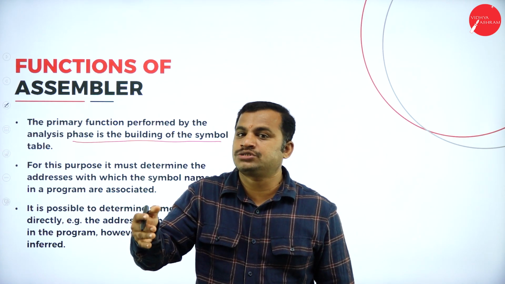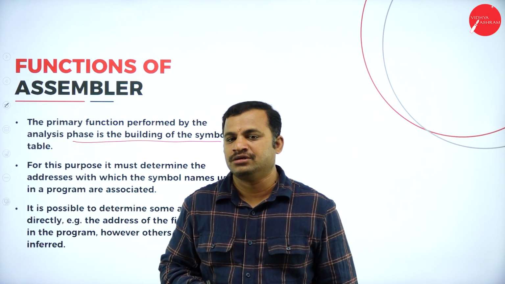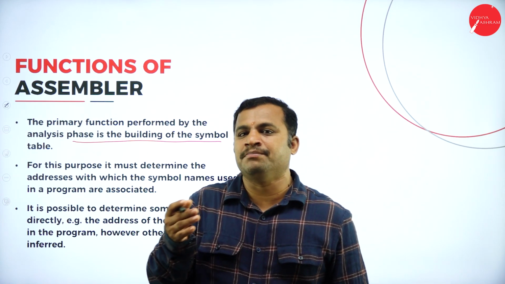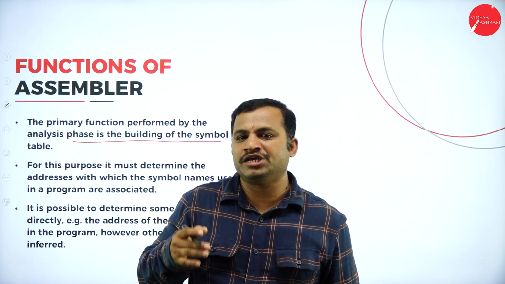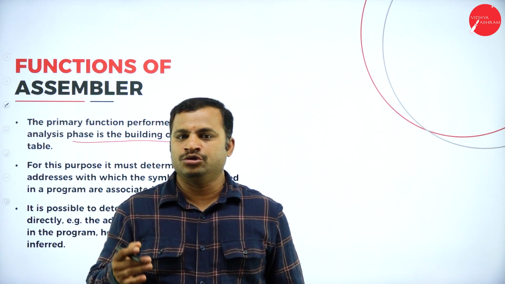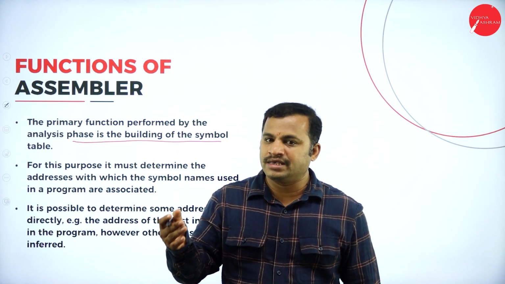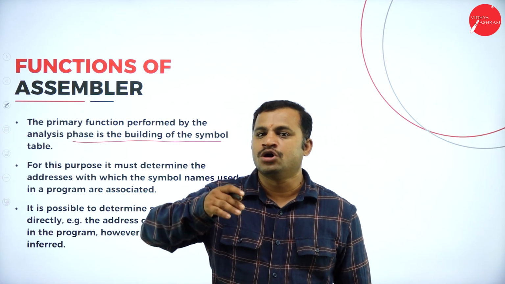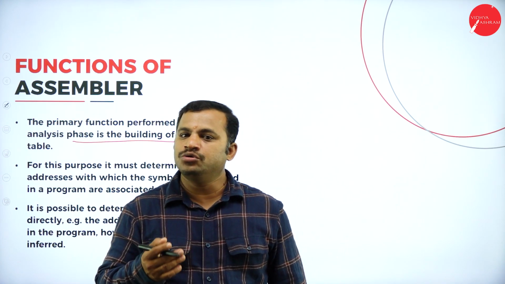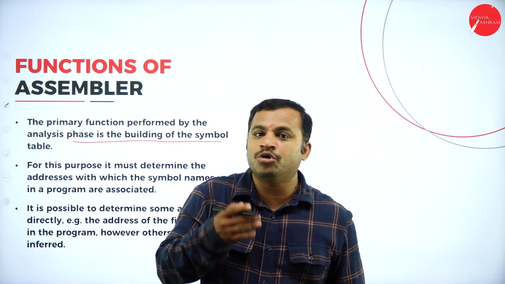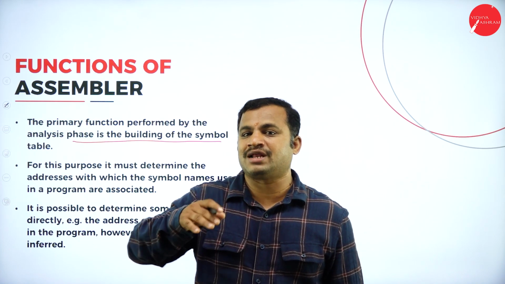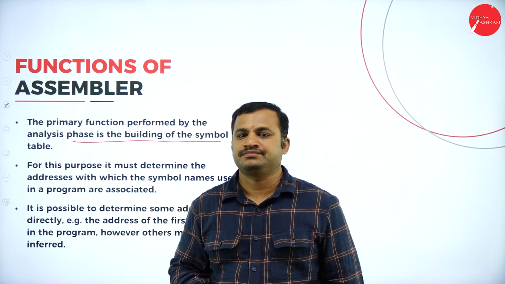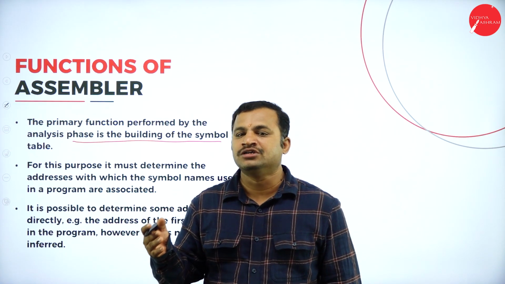What about the pass 2 of an assembly language translation? Pass 2 is also an important language translation technique wherein the assembly language codes, that means the opcodes, also called operand codes, also called mnemonics, must be translated into their equivalent machine language format, that is, the numeric machine language format.